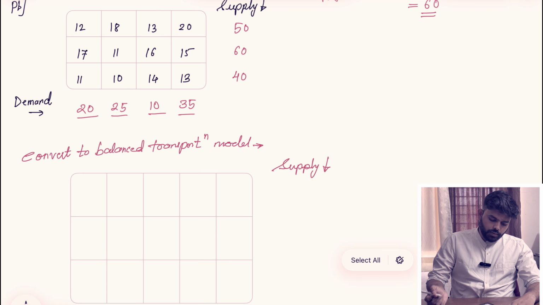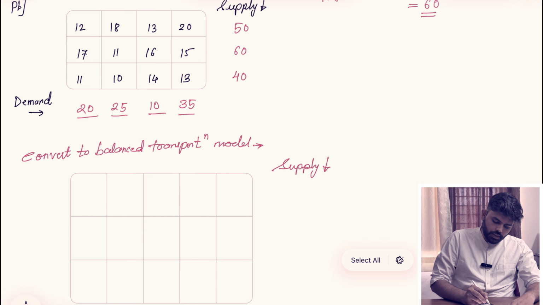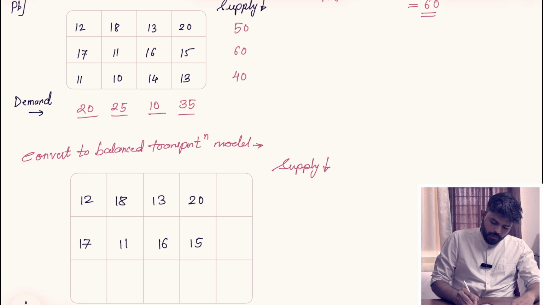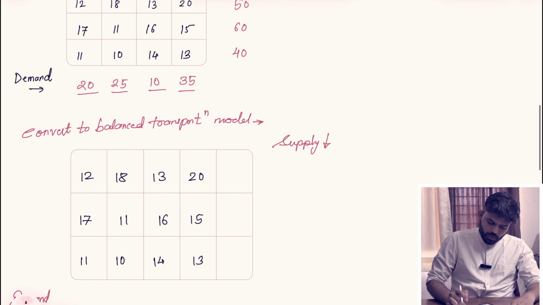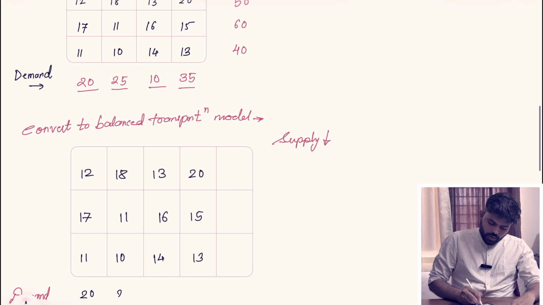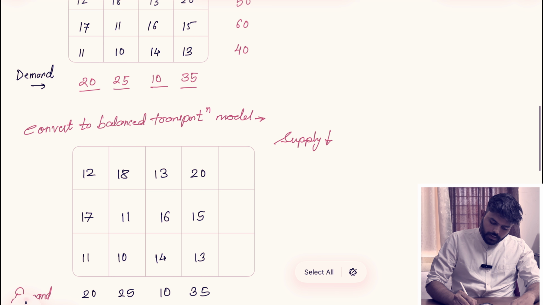So let us convert this unbalanced transportation problem into a balanced transportation problem. We will be drawing the matrix as it is. So 12, 18, 13, 20, 17, 11, 16, 15, 11, 10, 14, 13. Okay, the demand is 20, 25, 10, 35, and the supply is 50, 60 and 40.